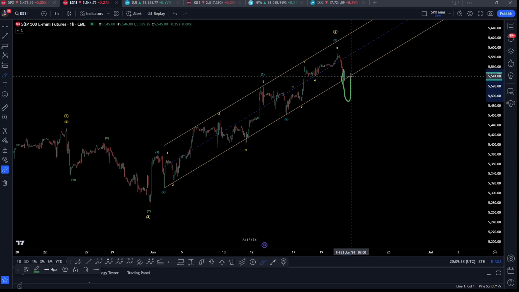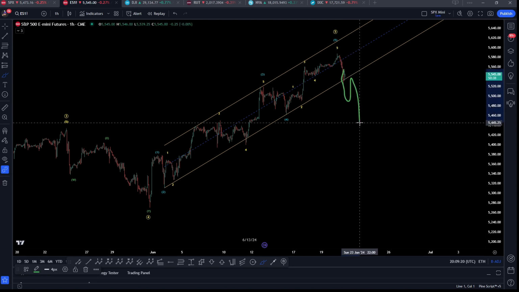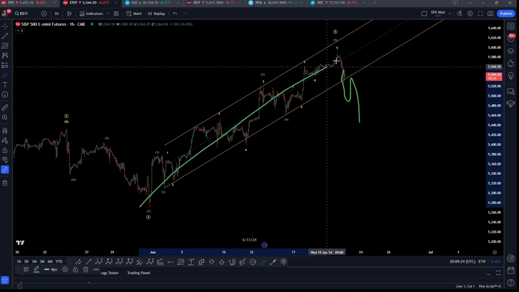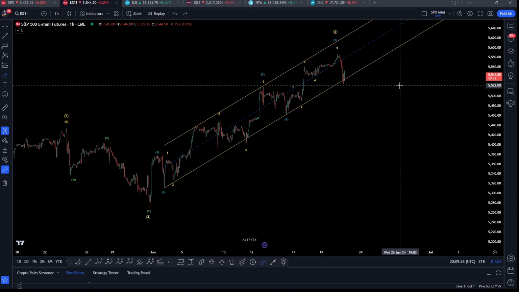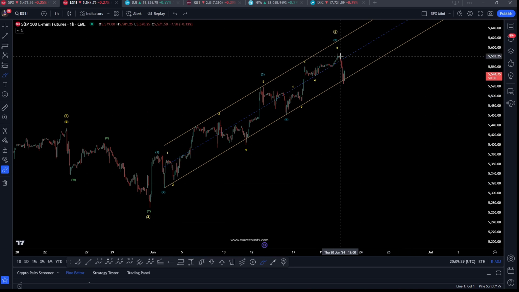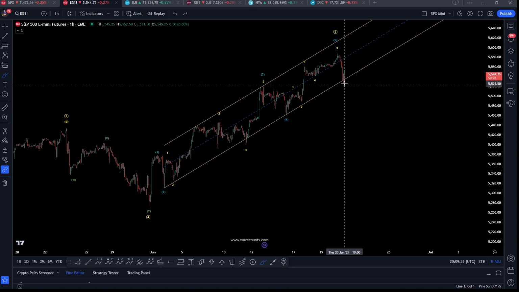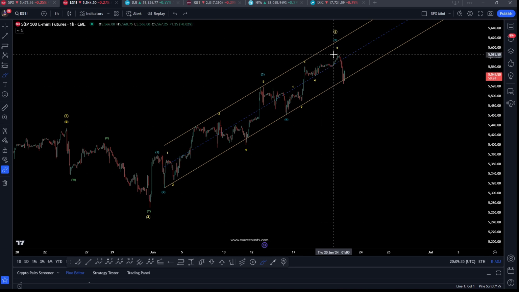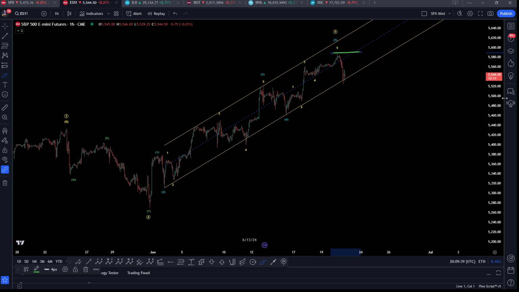Break it, back test it, go. That's an early indication to you that this is all complete. Another early indication is testing the bottom of this channel before you test the top of it. It's telling you that likely this is complete and over with. Picking up tea leaves here.